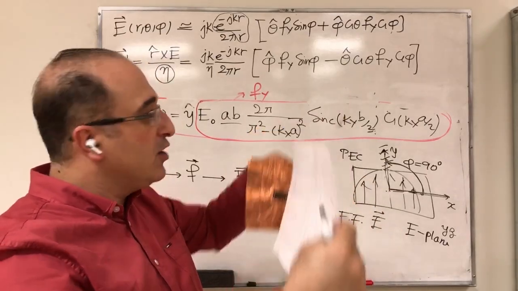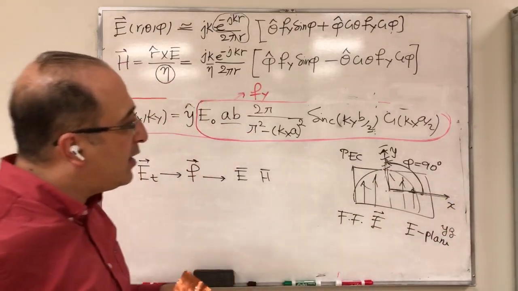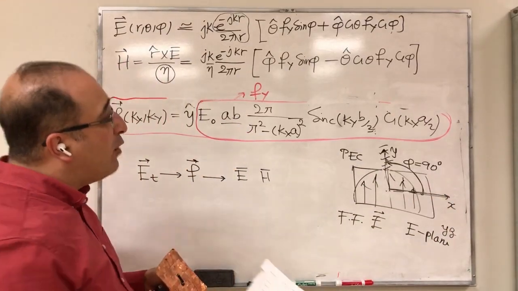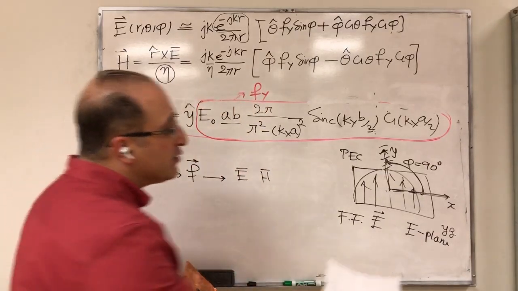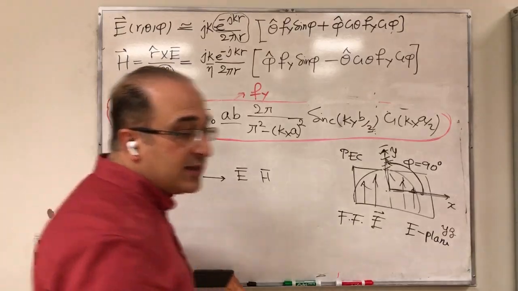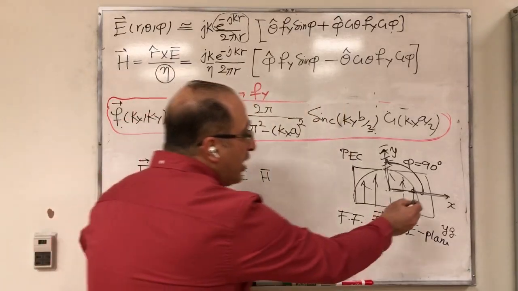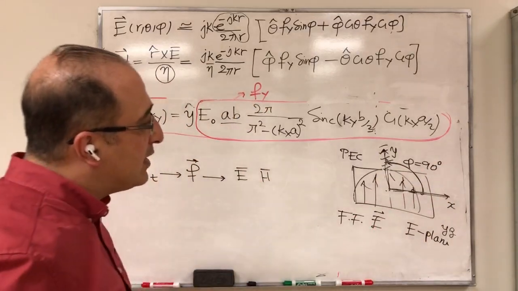So that's my cut. This would be the E plane of the antenna. Then I said if you want to obtain the E plane, you need to know what YZ is in the spherical coordinate. Then we discussed that phi equal 90 brings you to the y axis. So that's going to make it the YZ plane.